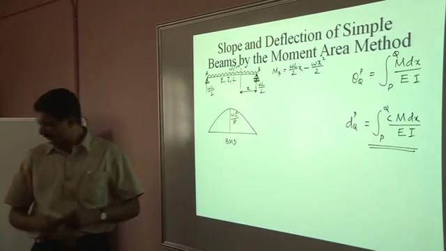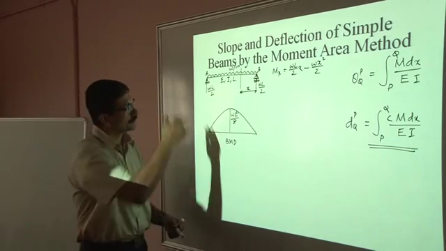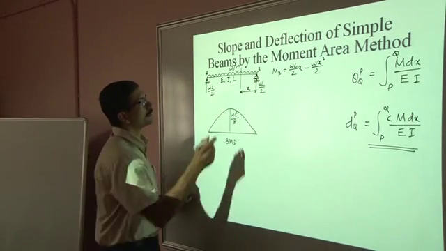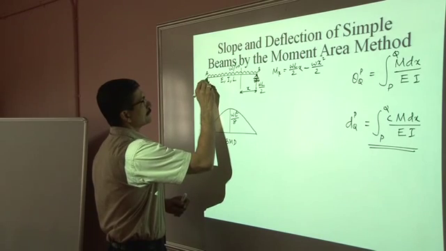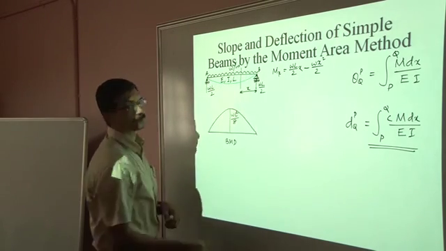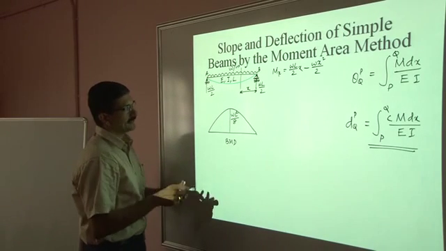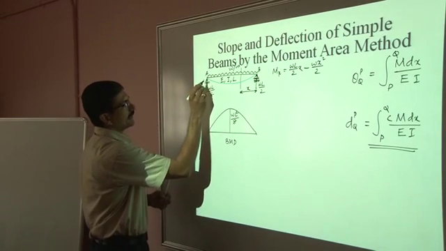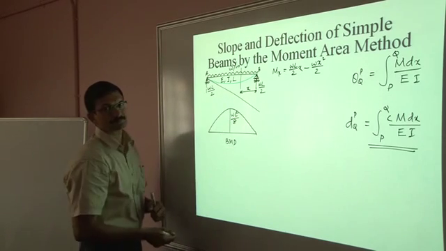Now, we are interested in finding out the slope and deflection. If I draw the deflected shape of this beam, maybe like that. If I draw a tangent to the elastic line at this point, end A, it may be like this.